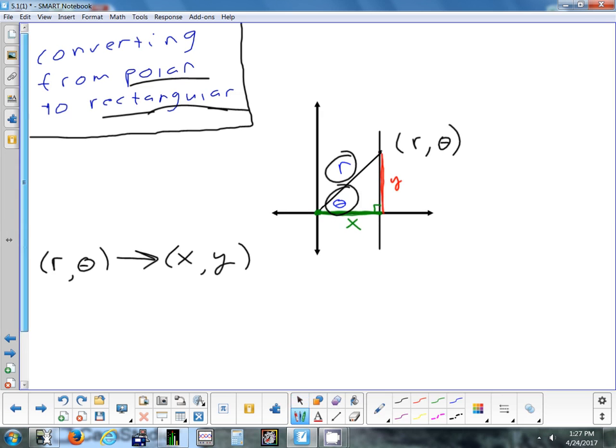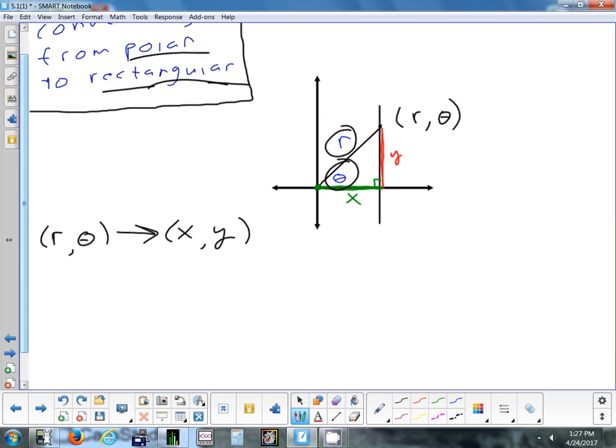So let's do x first. What position is the side that's x relative to theta? How would we describe that in a right triangle? X is adjacent to theta.